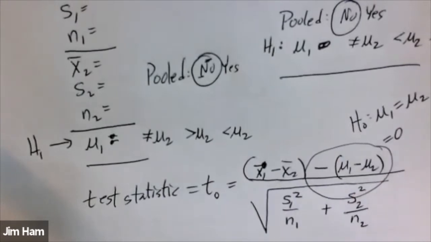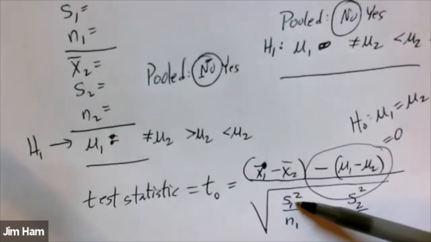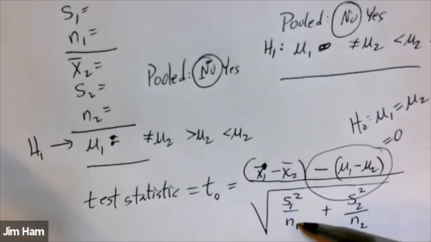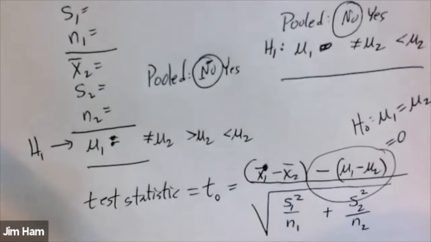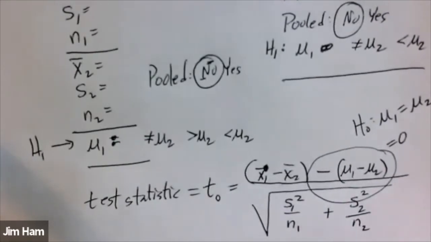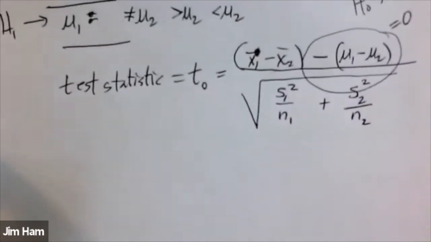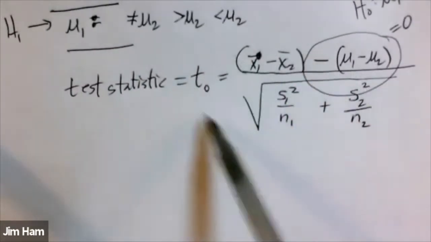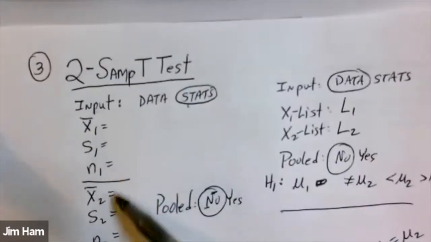And the way to remember this is if you just took the square root of this piece here, the square root of S1 squared would be S1, and the square root of N1 would be the square root of N1. So you'd have S1 divided by the square root of N1, which is the standard error in the single sample case. But then we're adding them together. But anyways, that's the formula that we probably won't do a whole lot with in terms of using it to calculate the test statistic, but the calculator does this work behind the scenes, and it's just going to report out the test statistic and the p-value if you use this function.